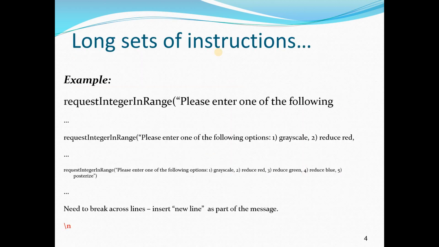So some more tips related to your project. If you want the user to only select options from 1 until 8, you can give this option. Just check in JES, you will get help over there. The command is request integer in range.